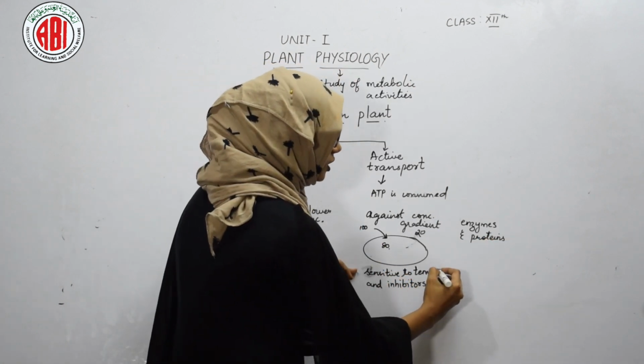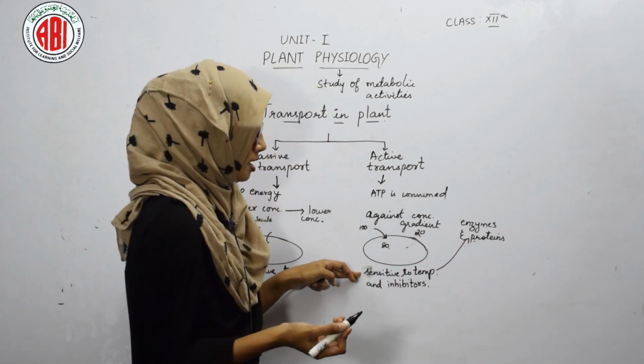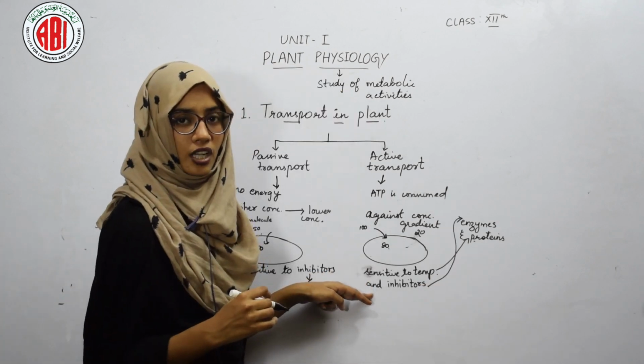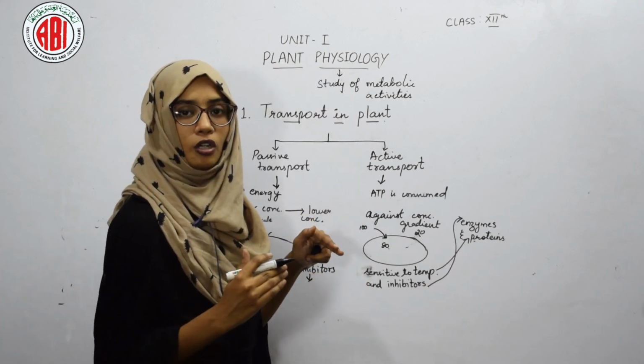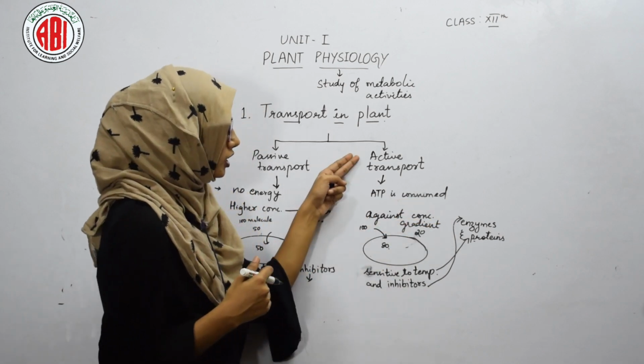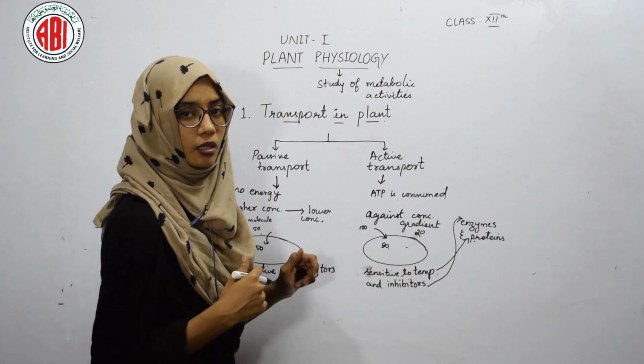So if the temperature is high, these proteins can be denatured. Whereas if inhibitors are present in active transport, they can inhibit or stop the function of the enzymes. So in this way, the active transport is sensitive to temperature as well as to the inhibitors.